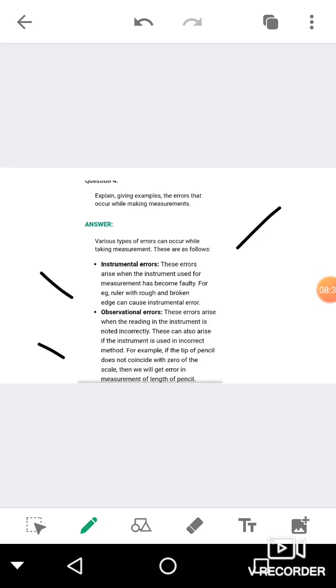This can also arise if the instrument is used in an incorrect method, that you don't know how to use it. For example, if the tip of the pencil does not coincide with 0 of the scale, then we will get error in the measurement of the length of the pencil. If you are using a blunt pencil, observational errors can occur there.